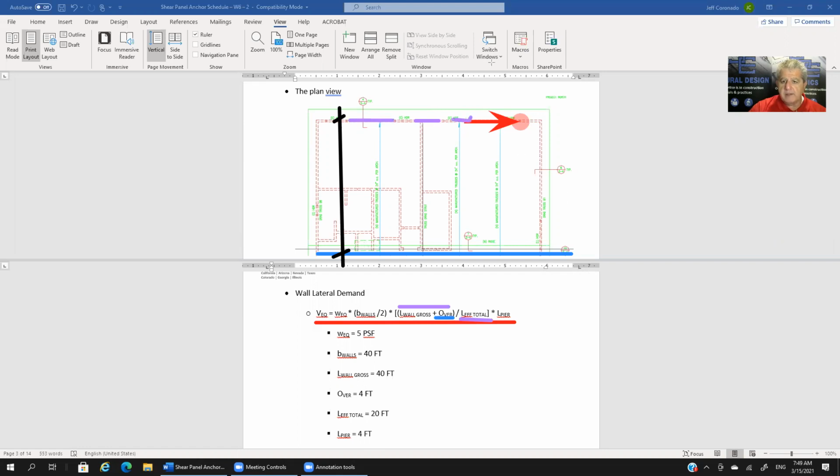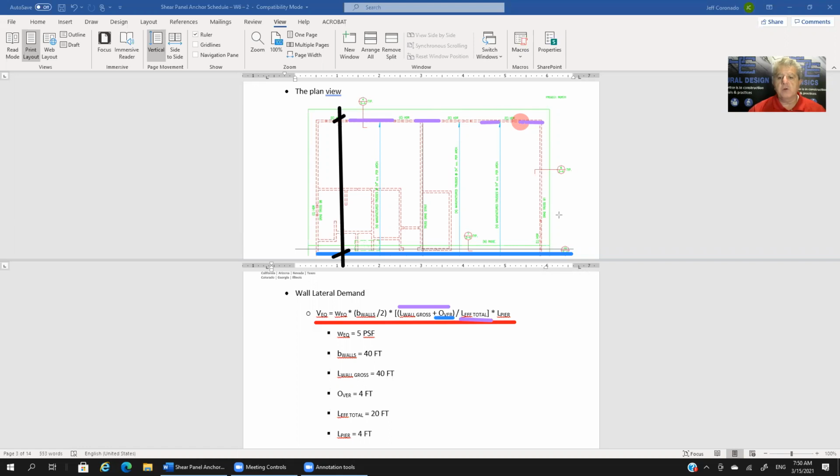I'm going to erase the arrow too, because I can't see otherwise. So this length and this length. It's your total effective length of the different wall piers over the length of that wall line.